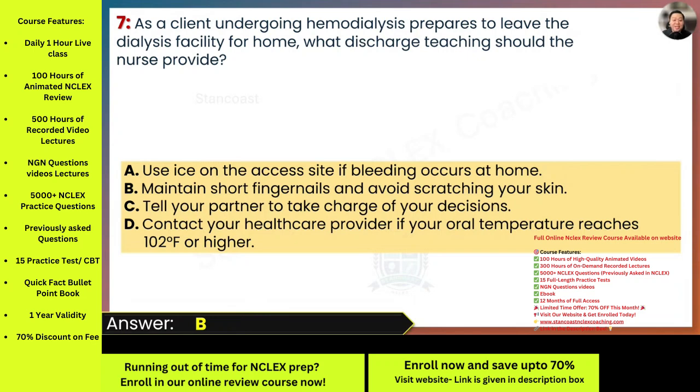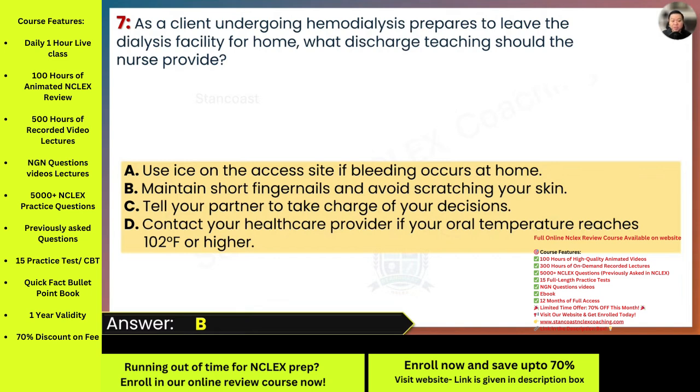Even if they have a temperature reading of 100 degrees Fahrenheit or 37.8 degrees Celsius, they should immediately report this to the medical provider so treatment can start before an infection can worsen.